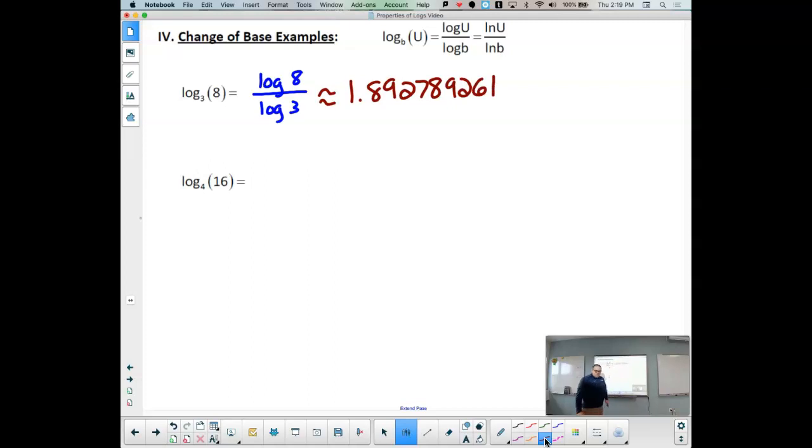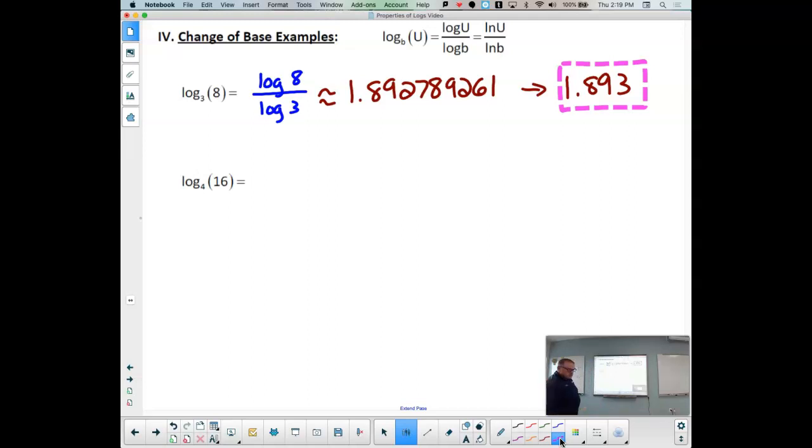1.892789261. Now, 9 times out of 10, we will say, let's round that to 3 decimal places. So we would say here that this would be 1.893. We usually go out to 3. In our work, we keep it as exact as possible, but in our answers, we like to go out to 3 decimal places.